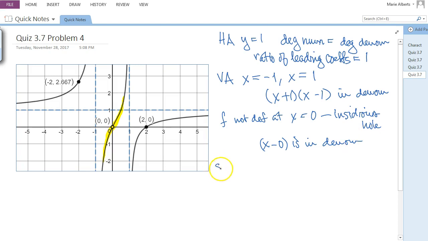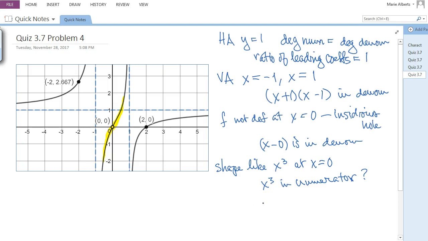And then the shape like x cubed at x equals 0 says that we have some x's in the numerator too. How many of them? I don't remember, to tell you the truth, but I think it's going to be 3 of them.